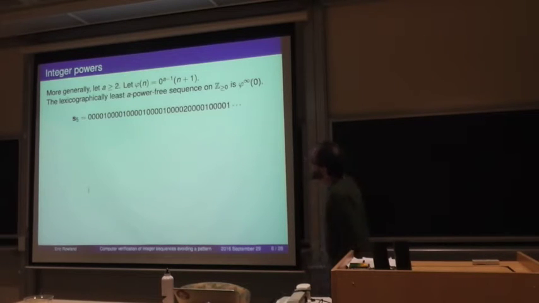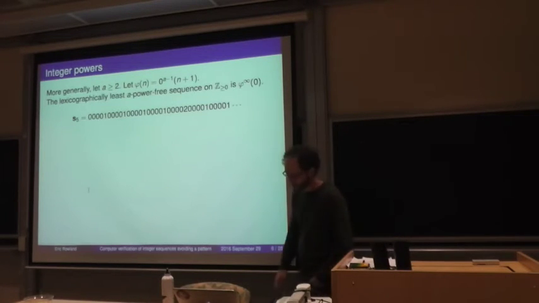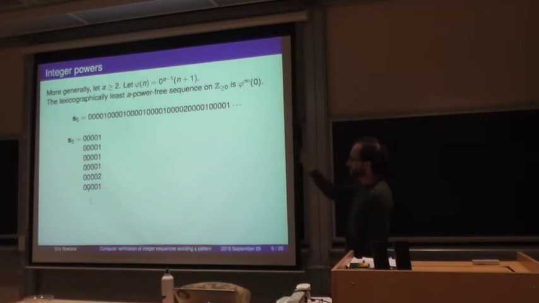So for sequences like this, and by the way, this sequence is the 5-adic valuation of the integers, it's slightly easier to see the structure if we wrap this sequence into lines of length 5.